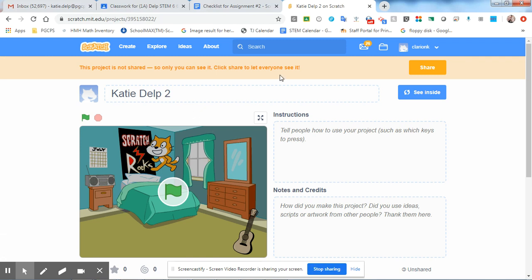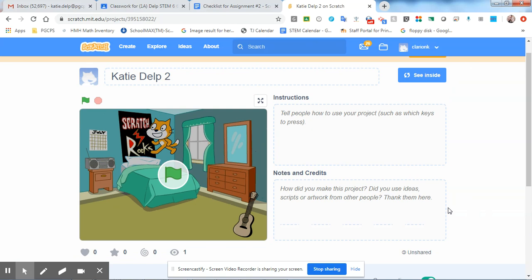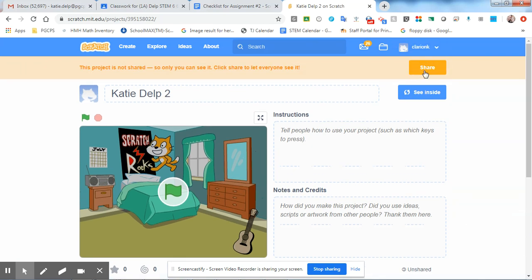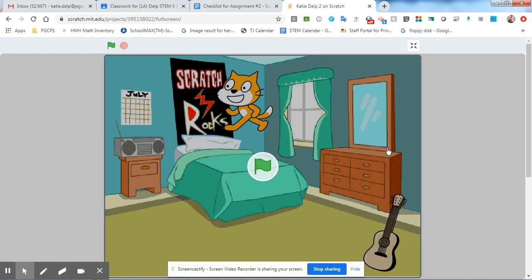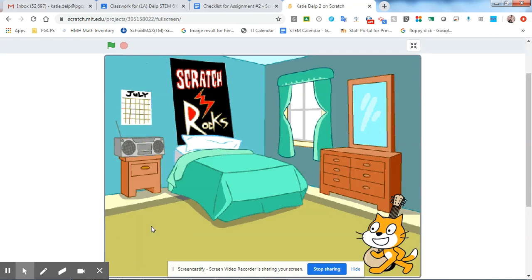Okay, so you can see, I don't have mine shared yet. Make sure you don't forget to share, but I'm just going to make this full screen and show you. I don't want to cheat and show you the scripts, but remember, he's going to go to the bottom left-hand corner when the green flag is clicked. There he goes. He should go to the musical instrument when I click on him. There he goes.